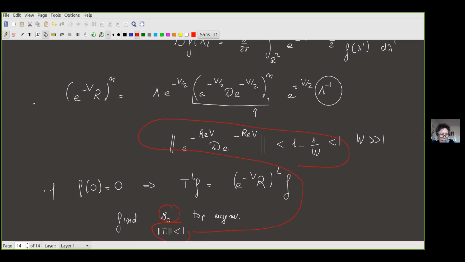And to find V0, it's better to go back to the previous representation, the strange operator with Grassmann variables, because there it's much easier to see how V0 should look like. So the point is that here you have to play a bit with both representations. One representation may be more useful to compute something, and the other more useful to compute certain bounds. So I think maybe I'm already out of time, so I will stop here.